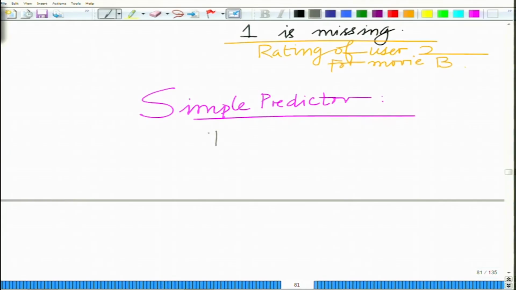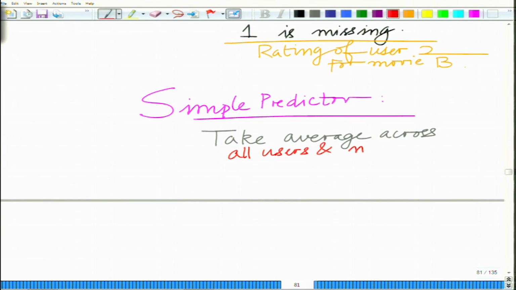So the simple predictor is simply to take the average across all users and movies. This is a gross oversimplification, but as I said, it is simple. So we have a rating R_A, which is 1 over |S| times the sum of R(U, M) over all (U, M) belonging to S, where S is the set of all ratings that are available.